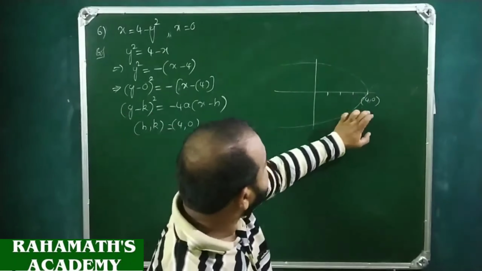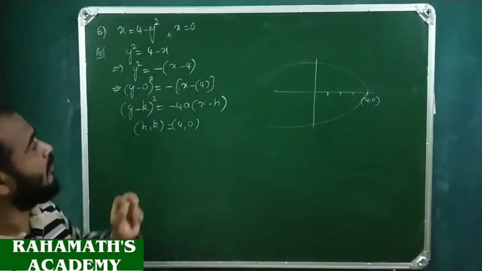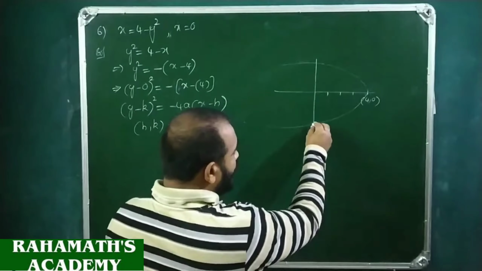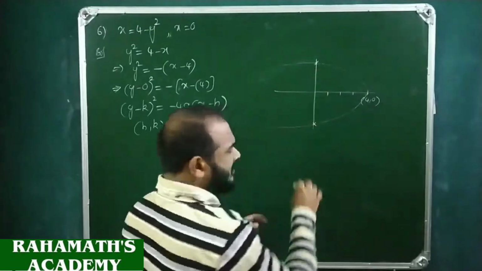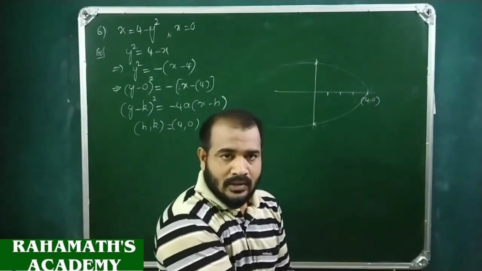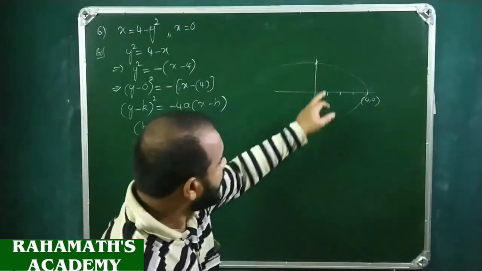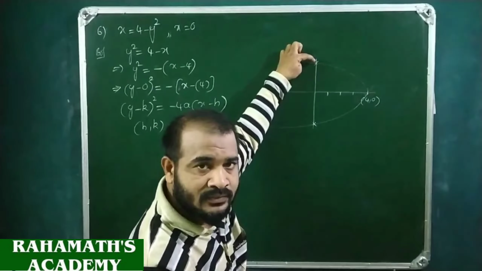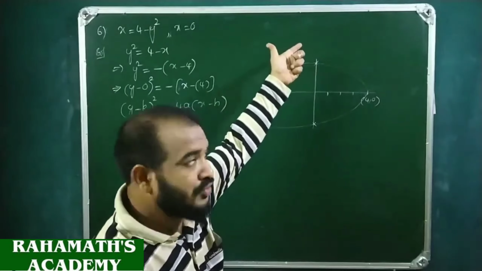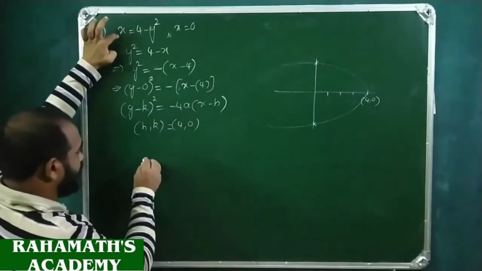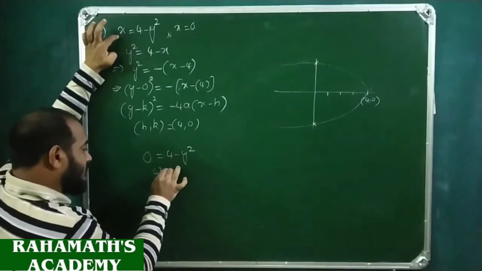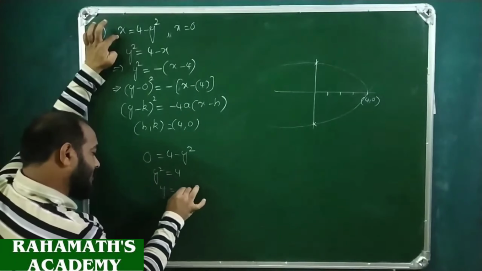So this is the given parabola, and here x equals 0. If you want to know where this parabola cuts the y axis, which is not necessary for this problem, substitute x equals 0: 0 equals 4 minus y square, so y square equals 4, and y equals plus or minus 2.